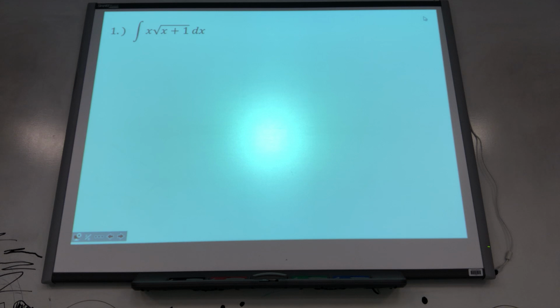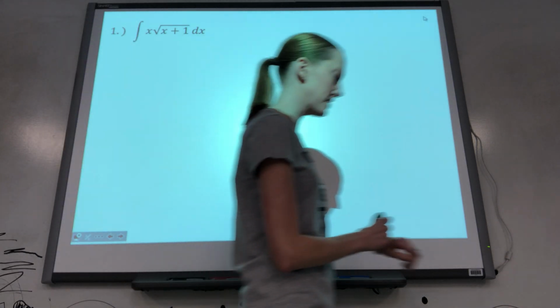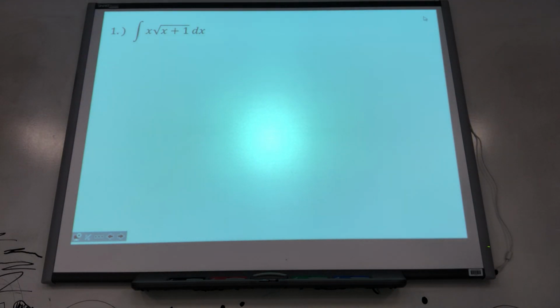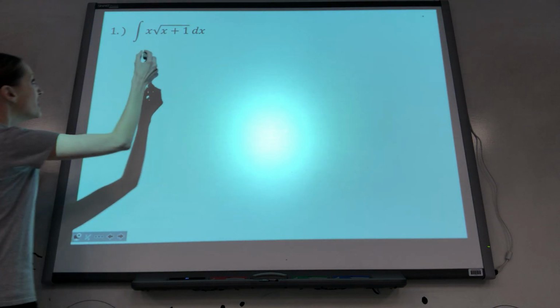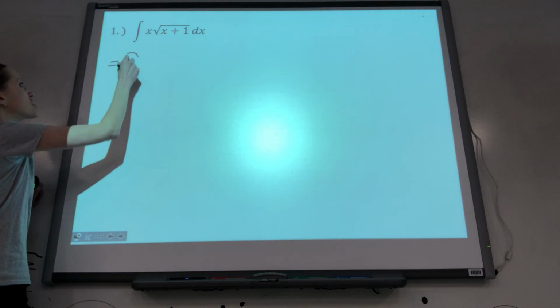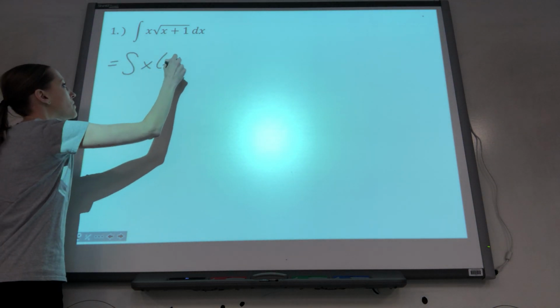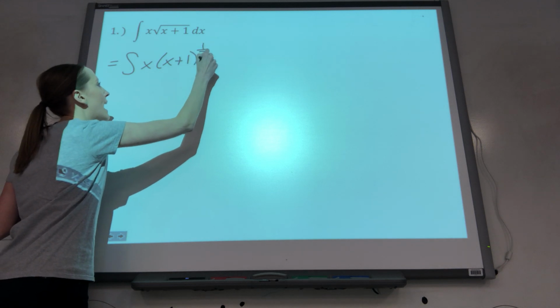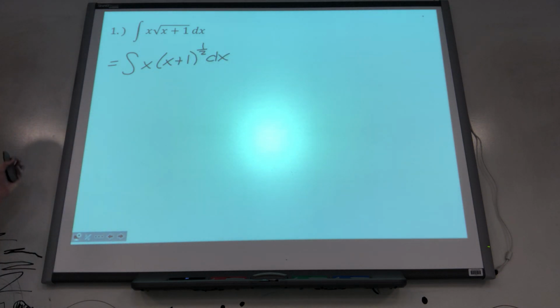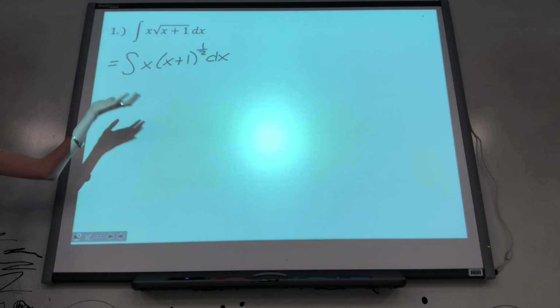The integrand here is x times the square root of x plus 1 dx. In my opinion, that is not very rewritable. I guess I could go ahead and change that square root to be a 1/2 power, but even after doing that, there's no way to rewrite that.